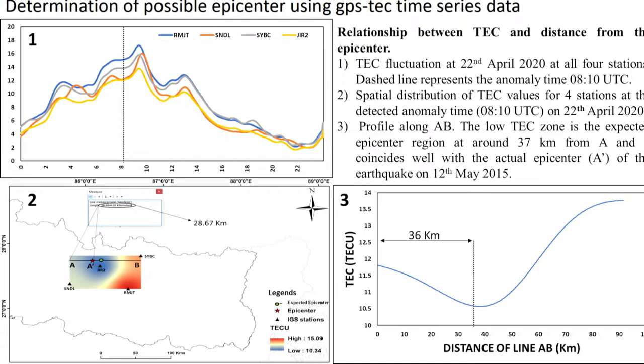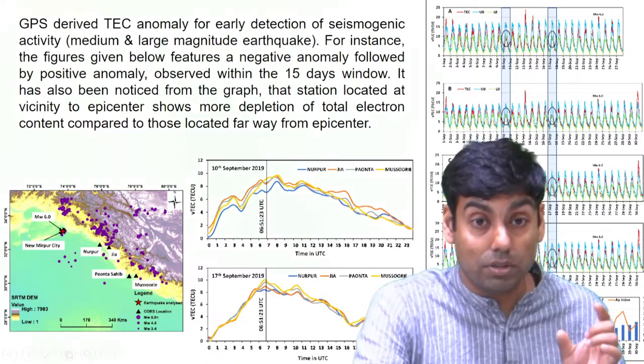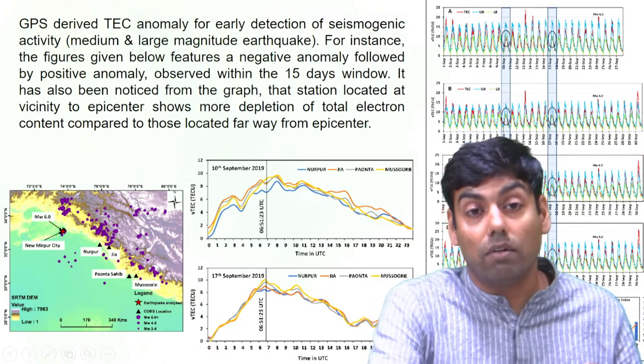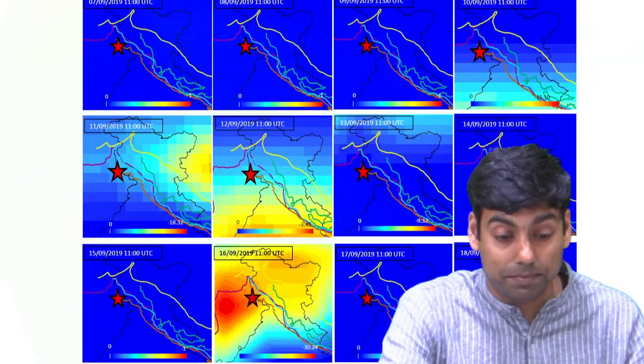But the limitation is, if there is solar activity or geomagnetic activity, it can bring hurdles and limitations in this study. So we have to be very careful when working on this anomaly, and we have to have very good knowledge of whether it is due to seismogenic activity or due to solar or geomagnetic activity.